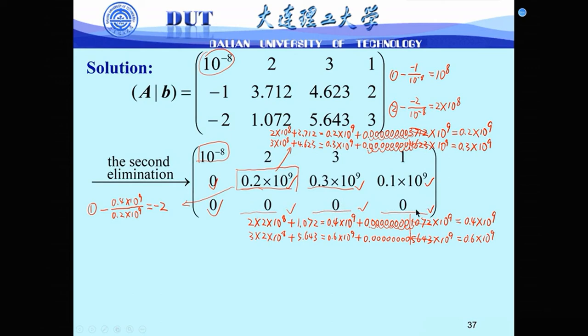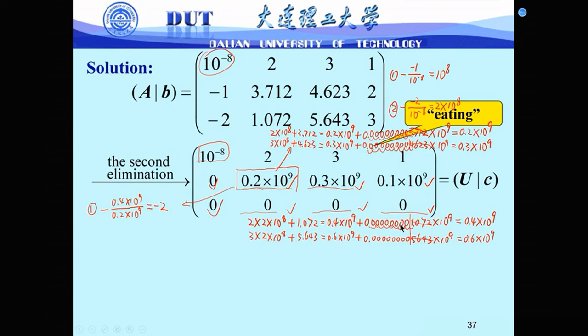Now by step 2, we obtain an upper triangular matrix. However, we obtain zeros in the third row. So now you see what happens in the procedure: the great number eats the small numbers, right? Great number eats small numbers.